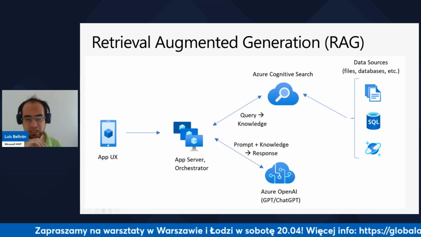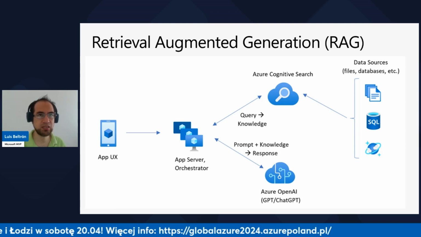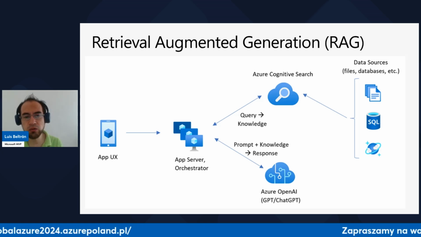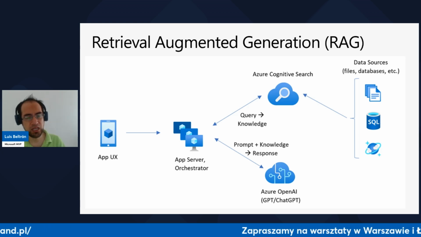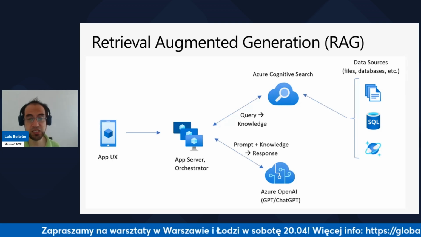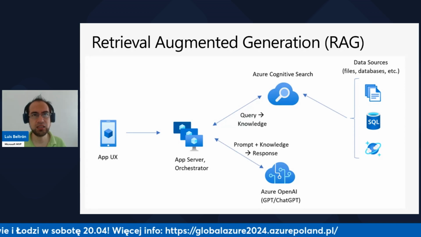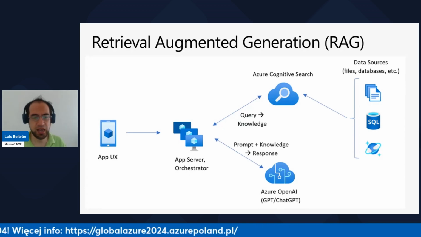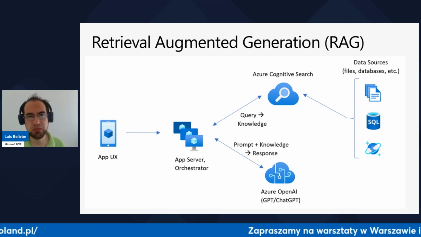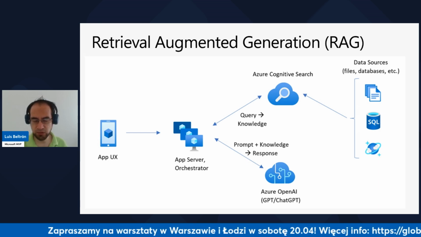This technique, which I will detail in a few minutes, connects pre-trained models like GPT 3.5, GPT-4, and newer versions to your own data sources. In the case of Azure OpenAI, we need an Azure AI Search resource that will ingest the data, build an index, and also perform a vector search or semantic search, which we'll mention in a minute, from our files.